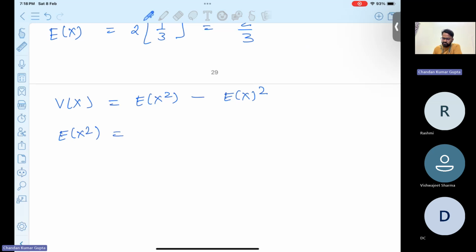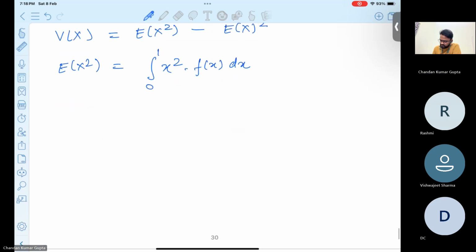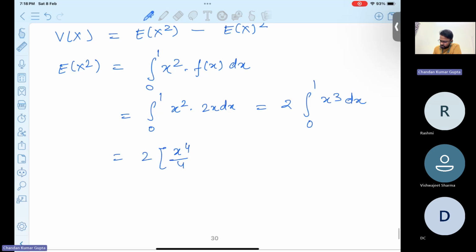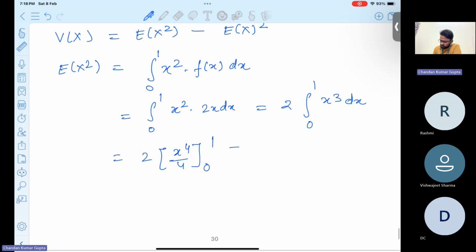The next step is to calculate the expectation of X square, which is the integral from 0 to 1 of x square into f(x) dx, which is x square into 2x dx, which comes out to be 2 times the integral of x cube dx, twice x to the power 4 upon 4 from 0 to 1.